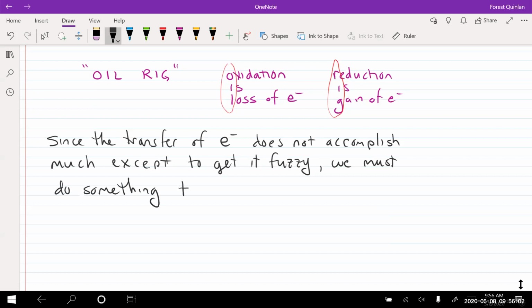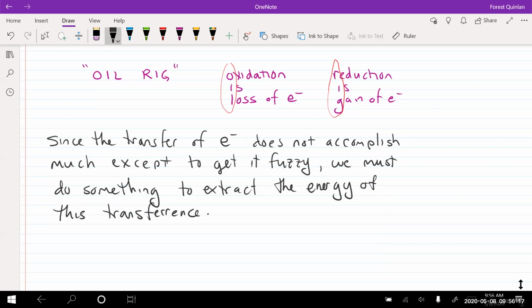We must do something to extract the energy of this transference. And here's what we do.